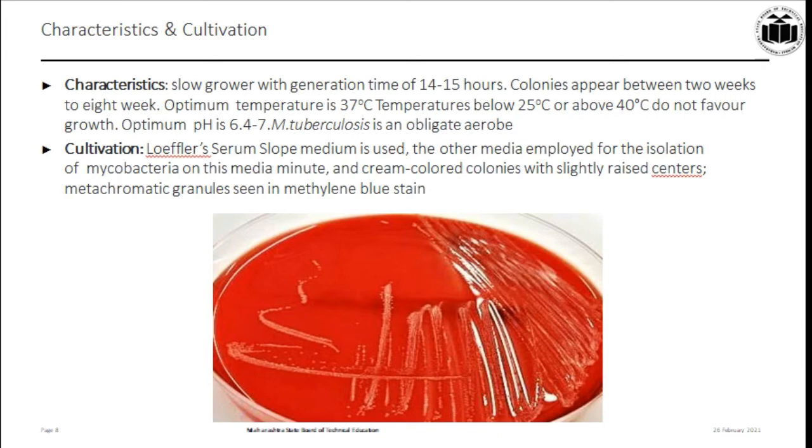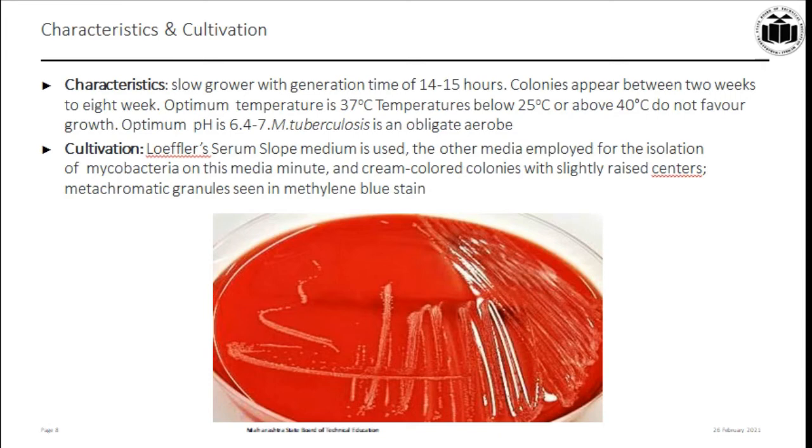On that, it shows cream colored colonies which are raised in the center, and metachromatic granules are stained using the dye methylene blue stain. So in such a way, you will observe on the Loeffler serum slope media the raised cream colored colony with metachromatic granules over the media.